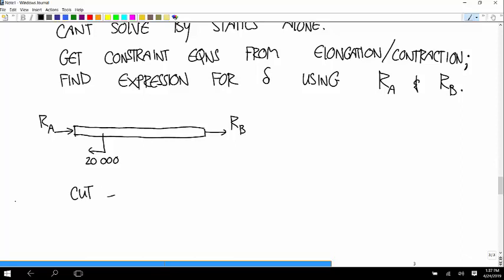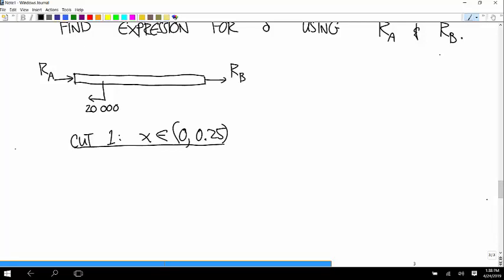So cut 1 is for x values between 0 and 0.25. So we have RA here.